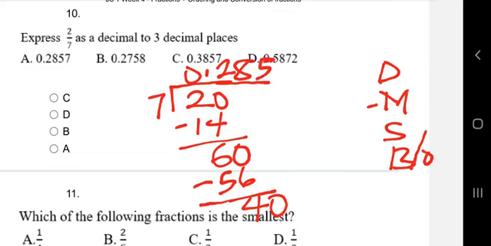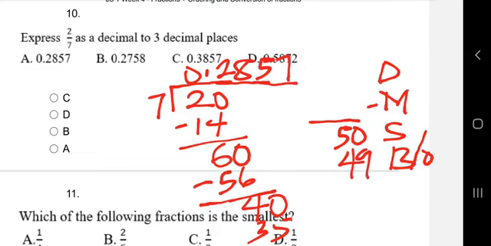Multiply that, we get 35. When we subtract it, we have 5. We add 0 to it. 7 in 50 gives us 7. 7 times 7 is 49. We subtract, and this gives 1. We add 0. 7 in 10, that is 1.